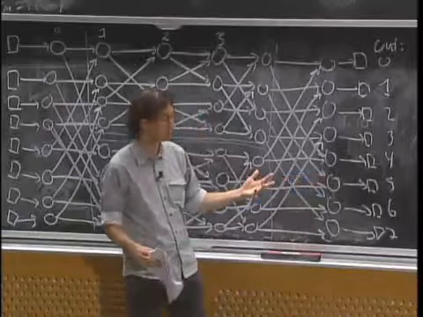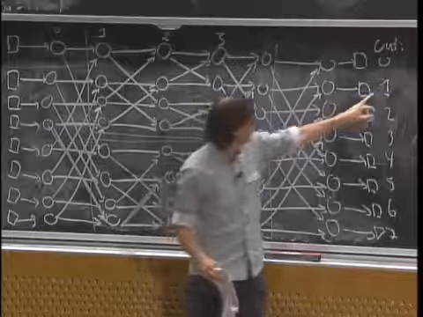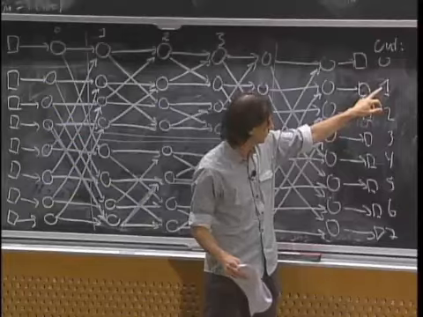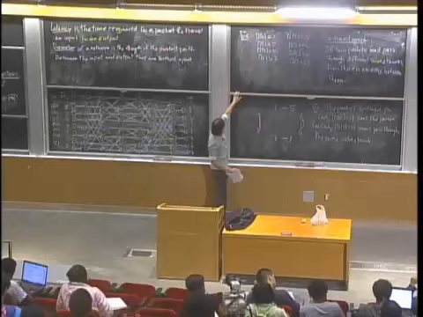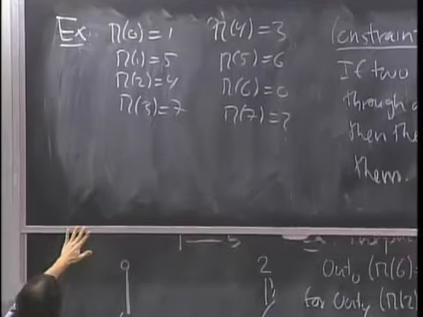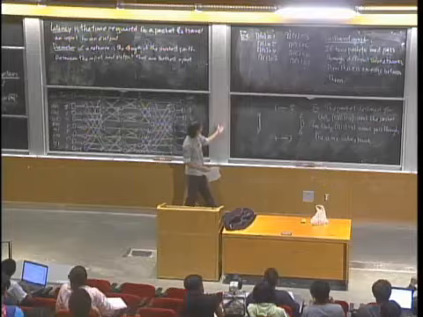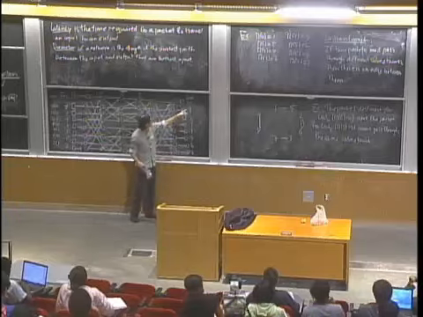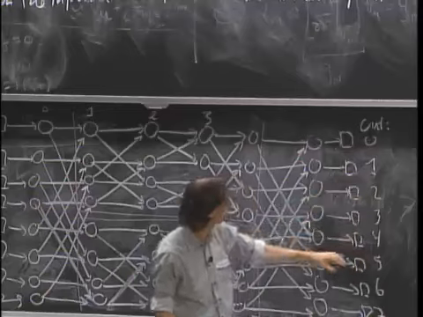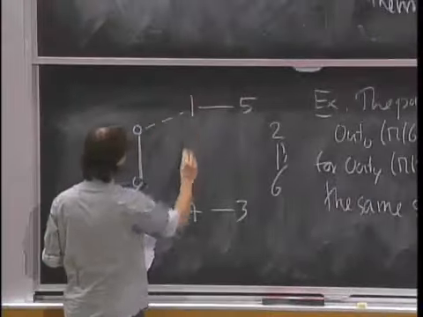So I have congestion of 2. So what are those packets? Well, what does pi map to? To 1 and 5. Let's look over here. We see that pi of 0 is equal to 1, and pi of 1 is equal to 5. So packets 0 and 1 are mapped to outputs 1 and 5, and they should not both go through the same subnetwork. Okay, so we have another edge over here.